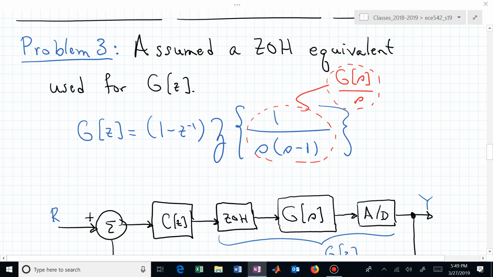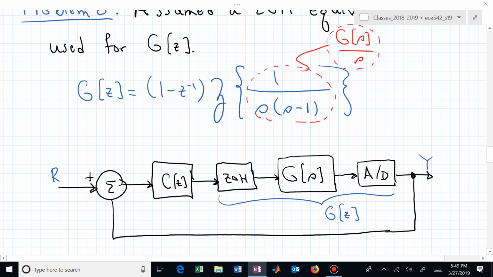Now you want to take that into a G of z, and we have this expression that will do that. We now have 1 minus z to the minus 1 times the z transform of G of s over s. G of s was 1 over s minus 1. And we divide that by s, and now we have a pole at the origin and a pole at s equal to plus 1.